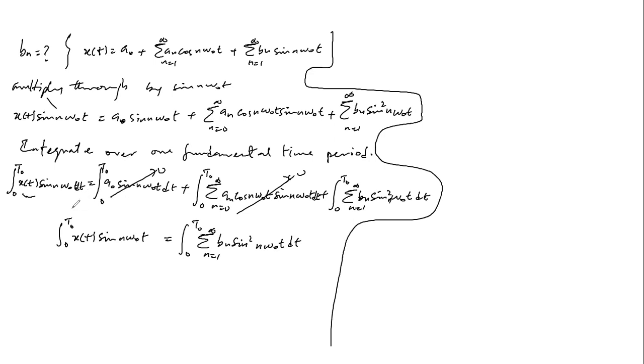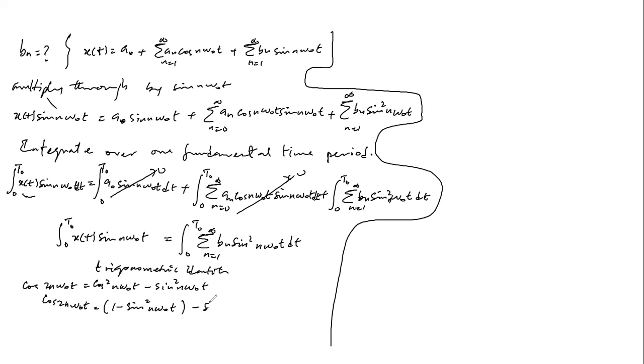So once again, from the trigonometric identities, we have cos 2n omega t is the same as cos squared n omega t minus sine squared n omega t, such that cos 2n omega t is the same as 1 minus 2 sine squared n omega t.